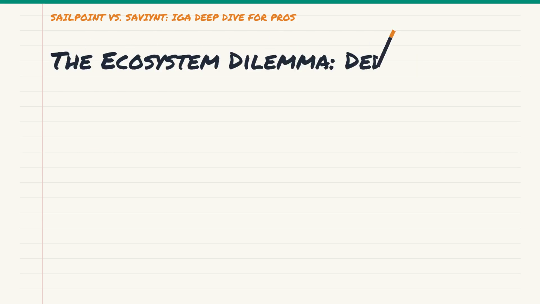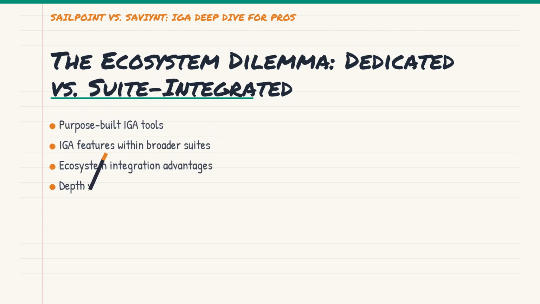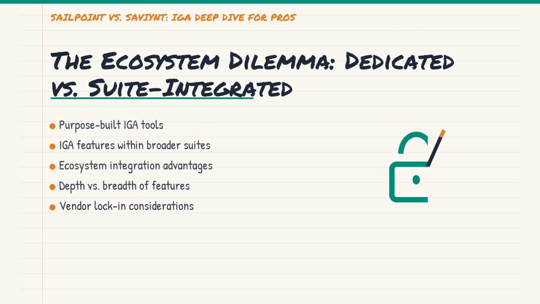This brings up an interesting architectural point. SailPoint and Saviynt are primarily *dedicated* IGA solutions. They are purpose-built for identity governance. However, you also see identity governance capabilities being *built into* broader suites, like Microsoft's Entra ID, formerly Azure AD Identity Governance, or features within security platforms from vendors like ServiceNow.